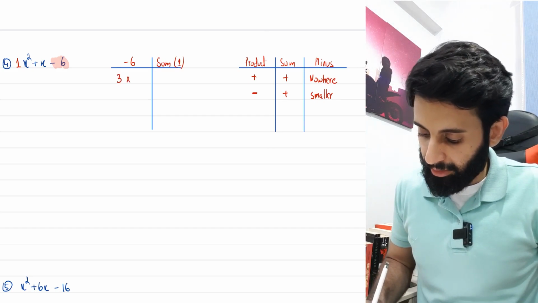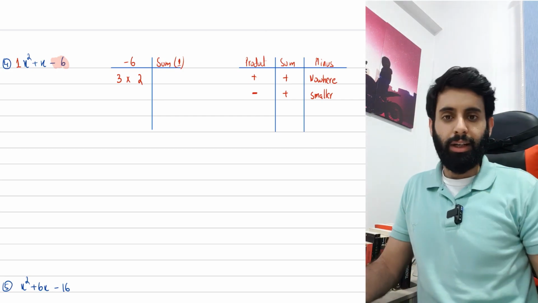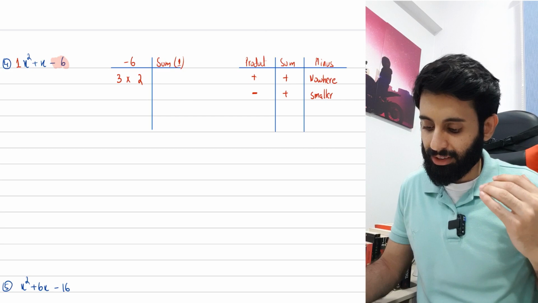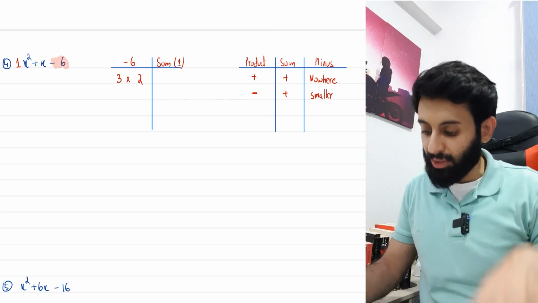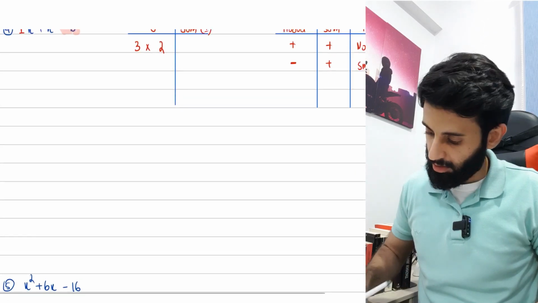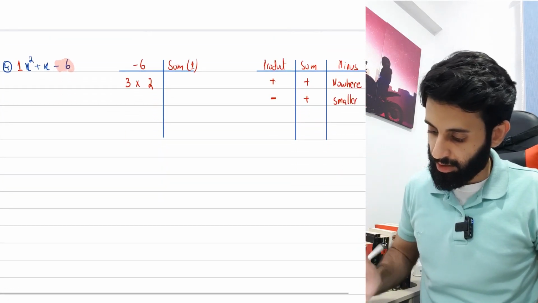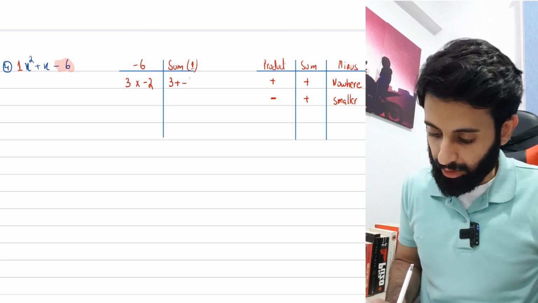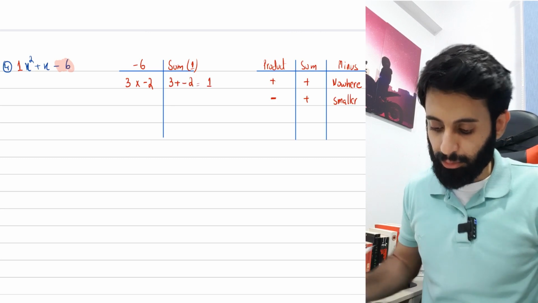So one way to get 6 is 3 times 2. Okay, but I don't just want 6, I want minus 6, so that means I need to put the minus sign somewhere. So this time I'm going to put the minus sign with the smaller value, which means the minus sign will go with 2. Why? Because that is the only way the sum turns out to be positive 1.